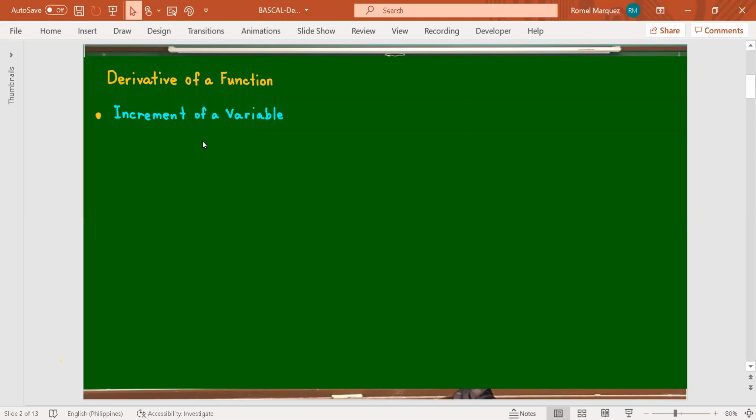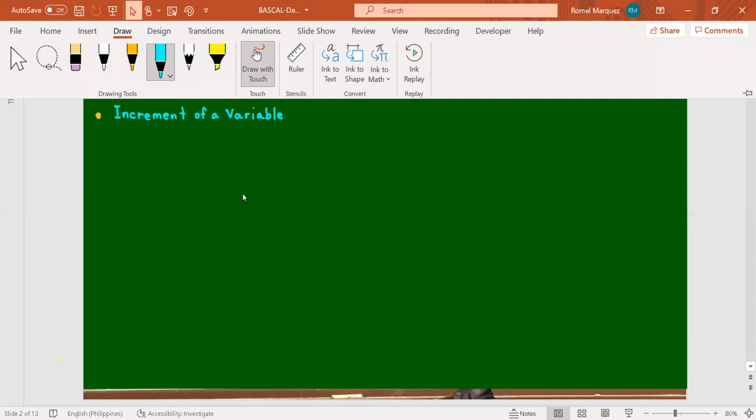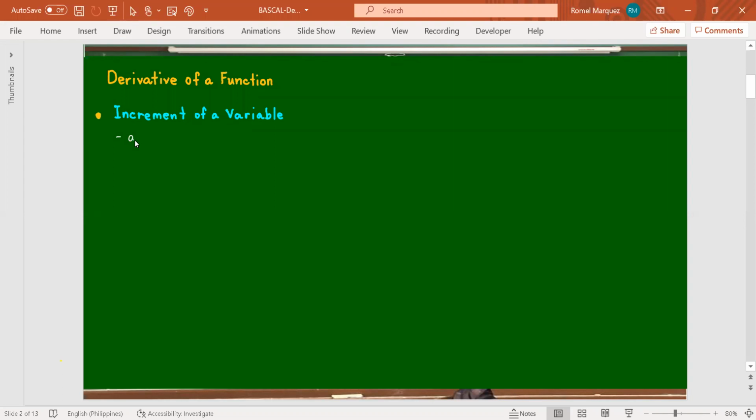You had this actually in analytic geometry: increment of a variable. So what do we mean by increment of a variable? When you say increment of a variable, it means only a change, no? A change in a variable.